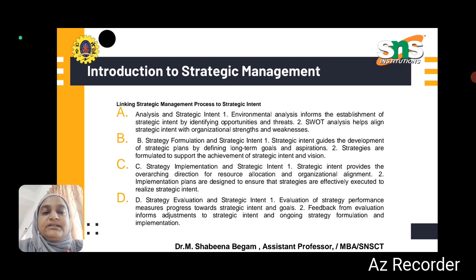Then implementing these plans and designing them into the required strategic framework. So, strategic evaluation and strategic intent: evaluating the same and looking for a stagnant stage, and we are going to give it a new cycle again.